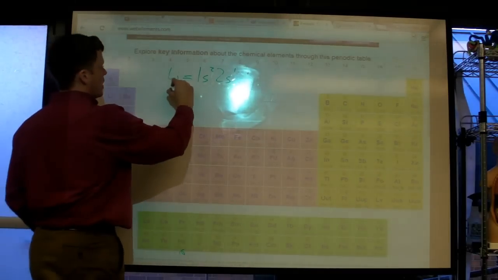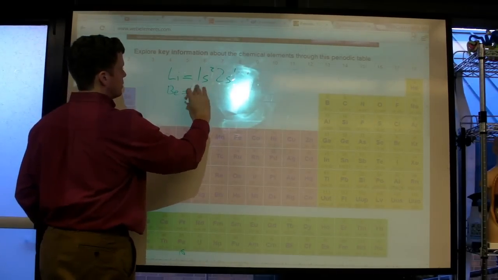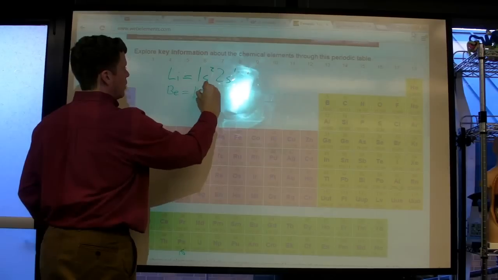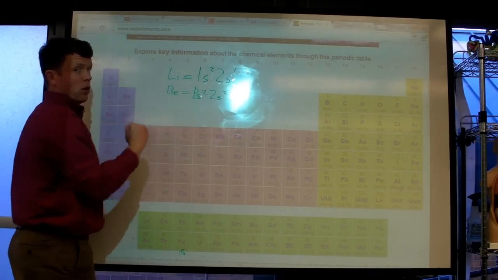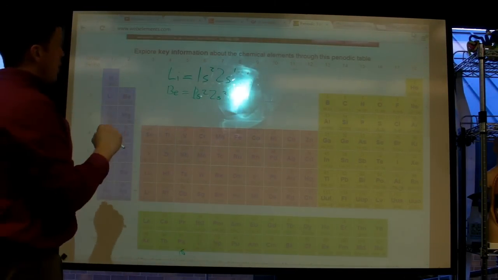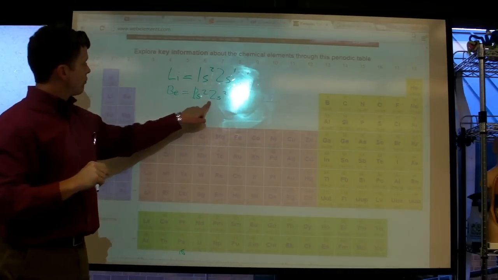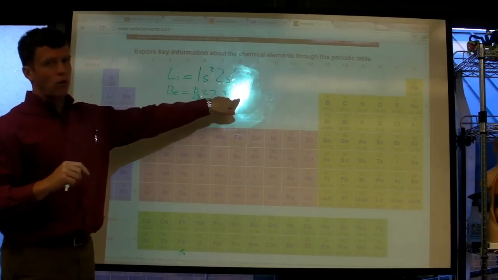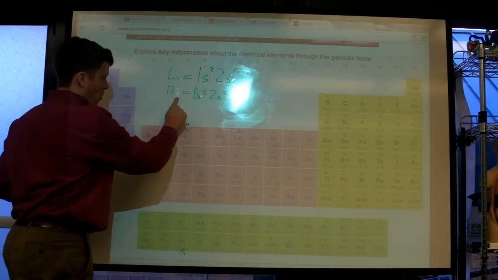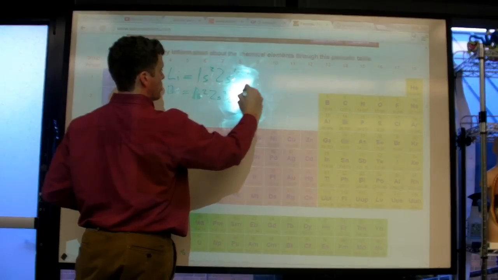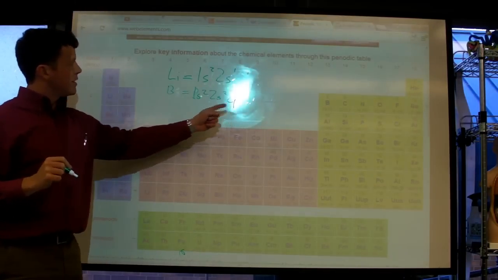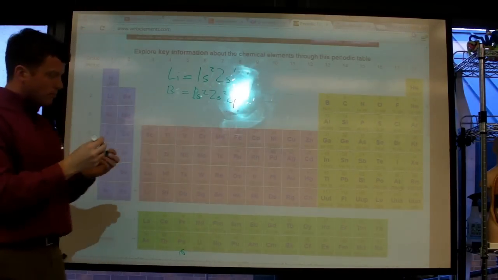So beryllium would be very similar. It's just got 1 more electron. So the s orbital only holds 2, remember, so if we go beyond beryllium, we've got to add another orbital. So if we have boron, because it's got 5 electrons, we actually need to add another orbital. So the next in series is the p orbital.